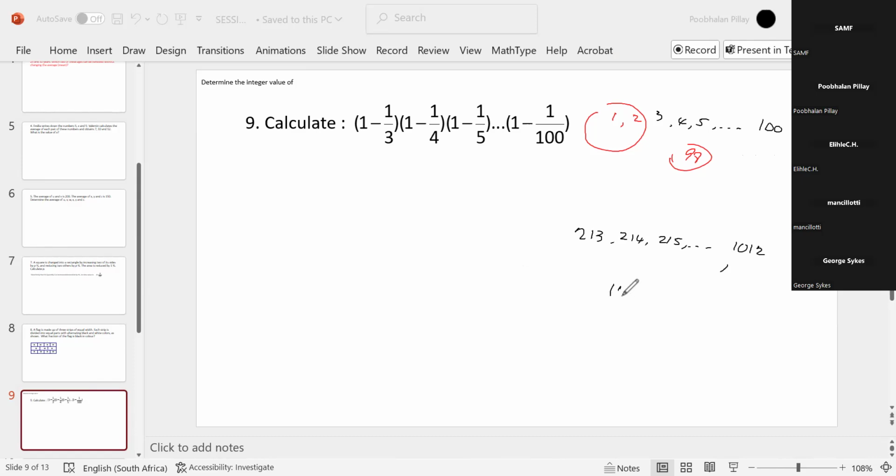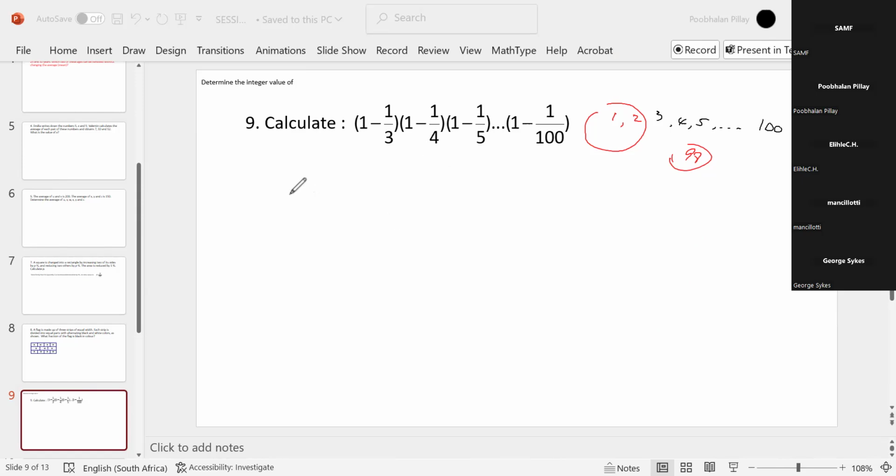The answer is 1012 minus, not 213, but 212, which is 800. So there are 800 numbers in this list. Right, so that's quite useful to know. I digressed to give you important information. I hope you remember that when the crunch comes.